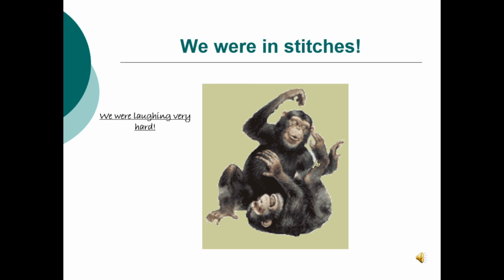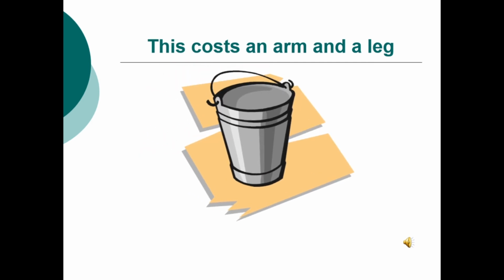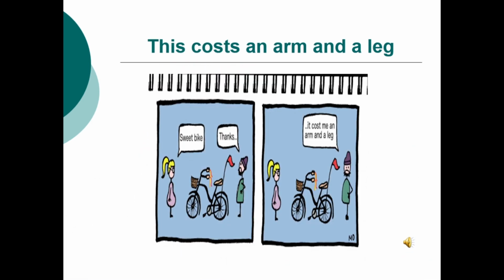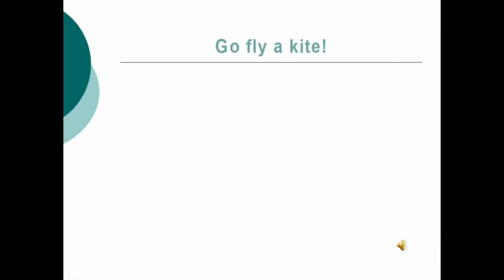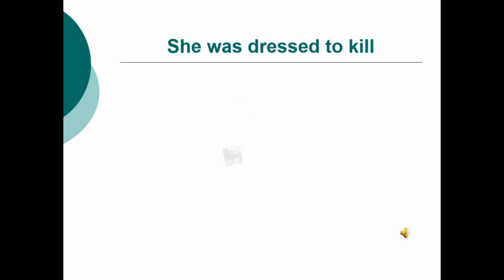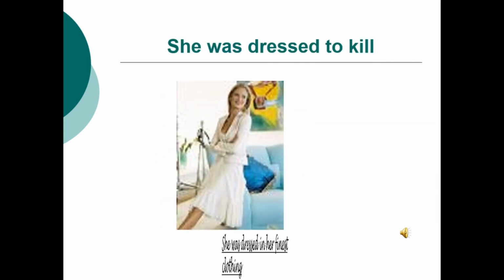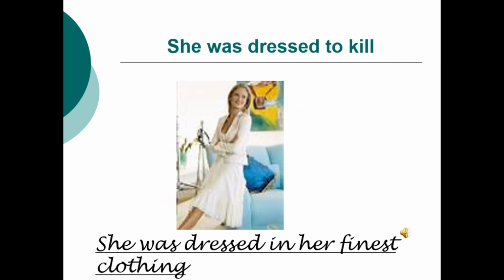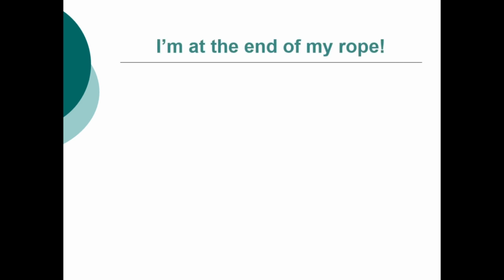We were laughing very hard. Okay. This cost an arm and a leg. It means it is quite expensive. Go fly a kite. Go do something else. Go away. Go do something with your time. Don't disturb me. She was dressed to kill. She was dressed in her finest clothing. Beautiful. Magnificent. Incredible.